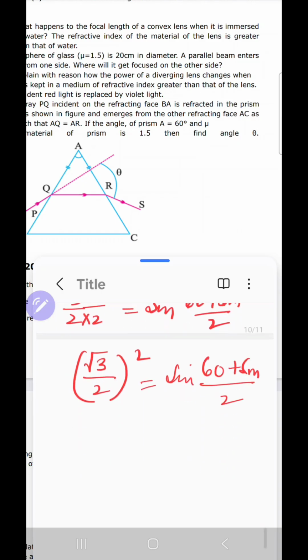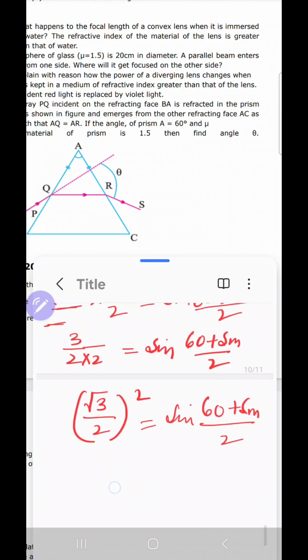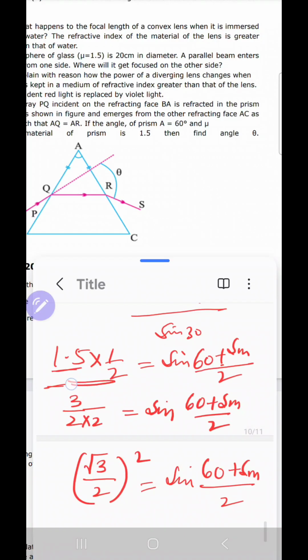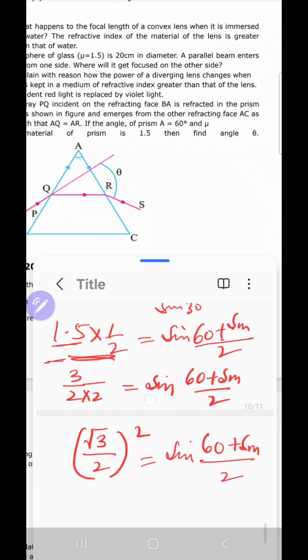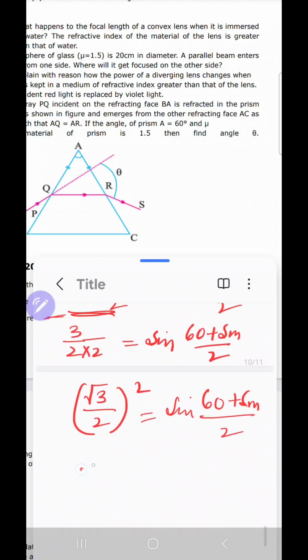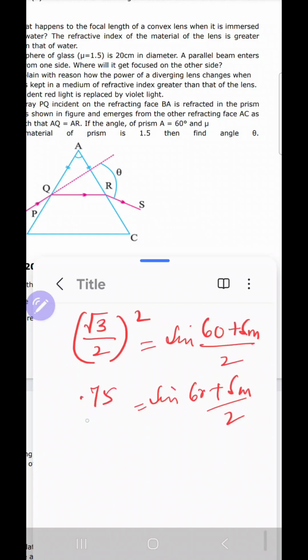So now let us try to solve it in another way. From here only we can write 1.5 over 2. It would become 0.75, and it is sine of (60 plus delta m) by 2, 0.75.